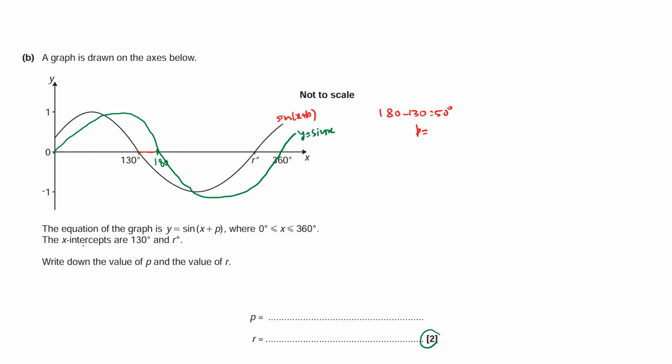So p would be 50 degrees. And then when it comes to r, it's simply going to be 360 minus 50. So r is 360 minus 50, and that is 310 degrees. And that is the answer.